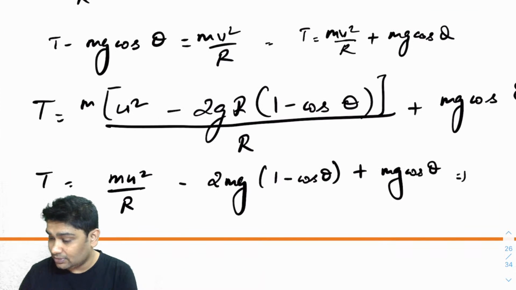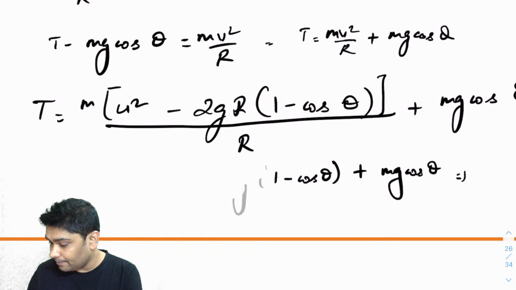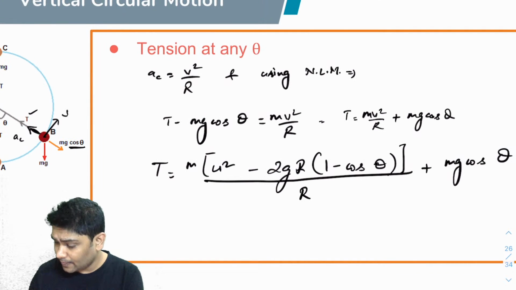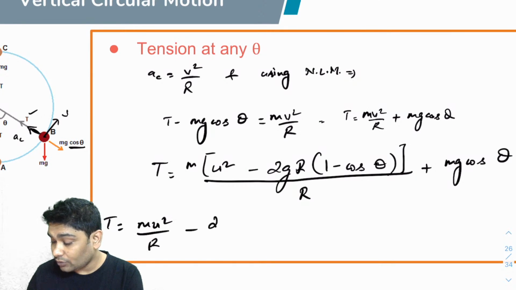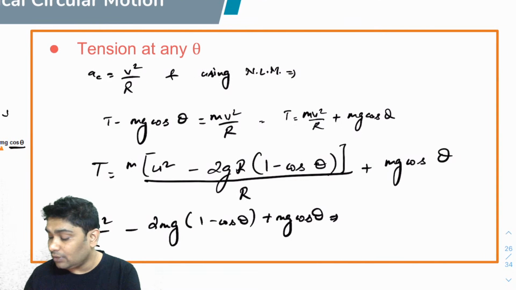So maybe just make some more space for this. Let's just write from the start only, so that I can write the final expression also. So let's start writing from here. T equals mu square over r minus 2mg (1 minus cos theta) plus mg cos theta, and that is nothing but mu square over r minus... okay, so it will be mg.